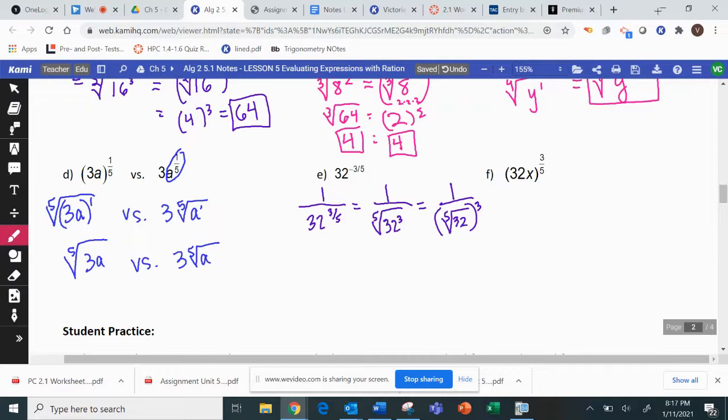So when I look at my 2 options, 32 to the 3rd is not something I want to do by hand. So I'm going to do the 5th root of 32 instead. The 5th root of 32 is 2. And 2 to the 3rd is 8.